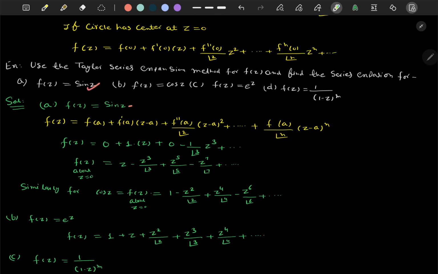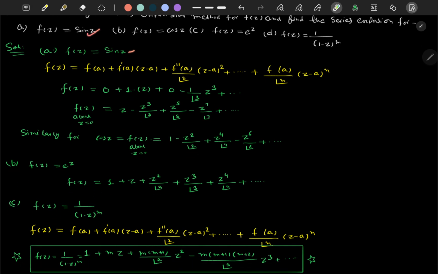Suppose we have the function f of z equal to sin z, then Taylor's expansion will be f of a plus f dash a into z minus a plus f double dash a by factorial 2 into z minus a square plus f triple dash a by factorial 3 into z minus a cube, and it goes on like this. The point is z equal to 0, so sin 0 is 0.